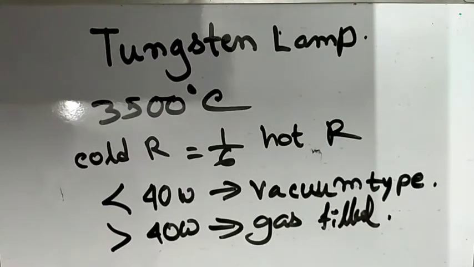As a result, the output per watt increases and the loss due to convection decreases. The efficacy in lumens per watt increases as the wattage of the lamp increases. If the working voltage is marginally greater than the rated voltage, more light output is obtained but it results in a shorter life of the lamp. Operation of the filament at a voltage lower than the rated results in loss of light.